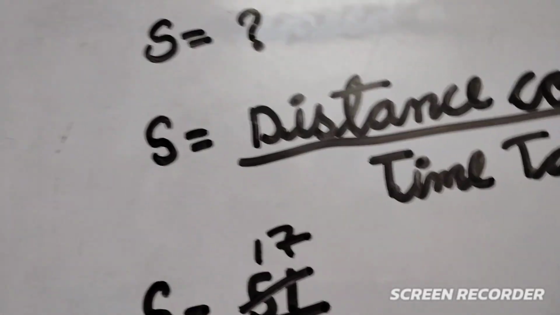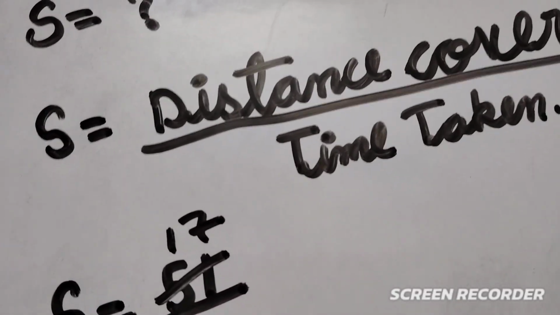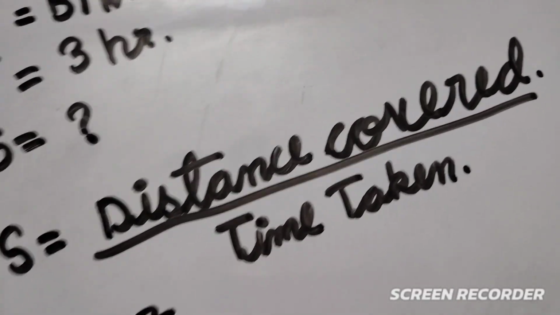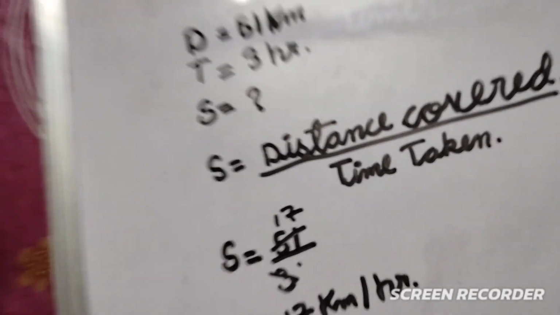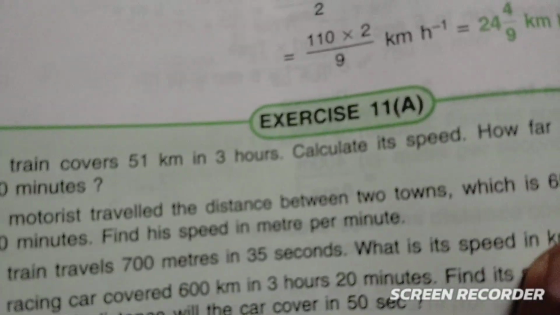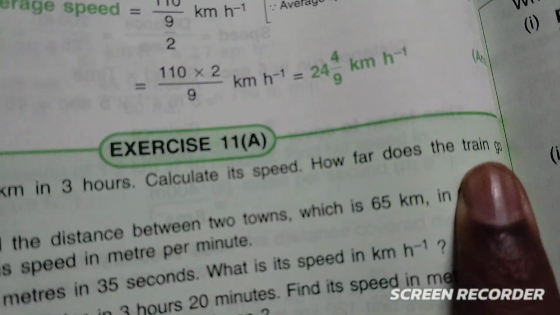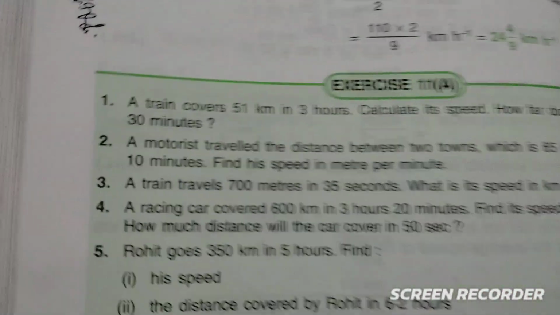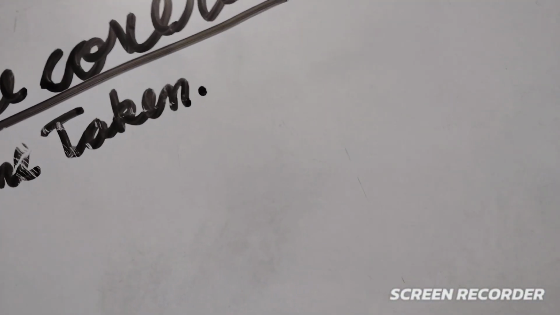Then the next part of the question is how far. I will show you. Here it is written, how far does the train go in 30 minutes. So we will go here, and I have simply closed the book.